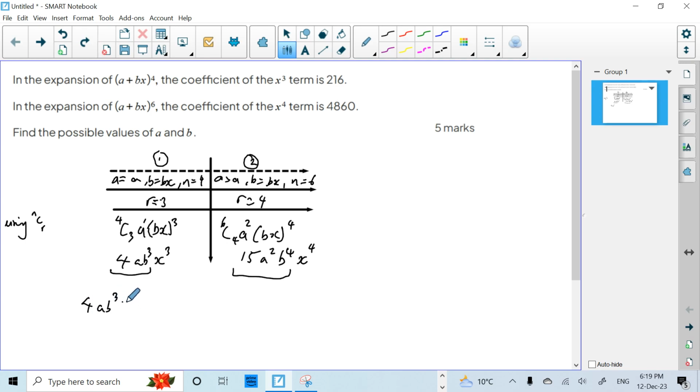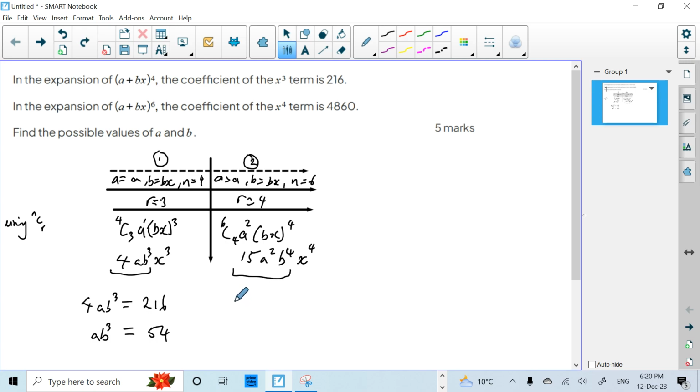So ab cubed will be equal to 216 divided by 4, which is 54. I can leave it like that because I'm going to hopefully solve simultaneously to find a and b.